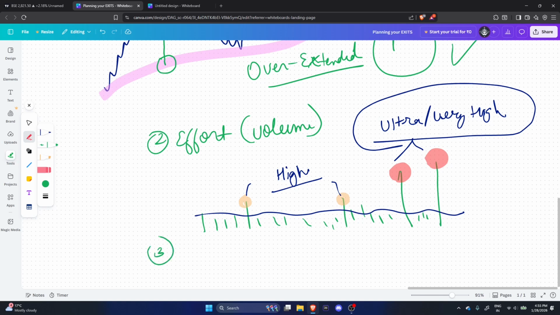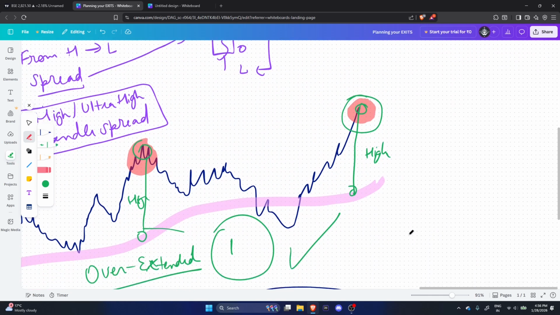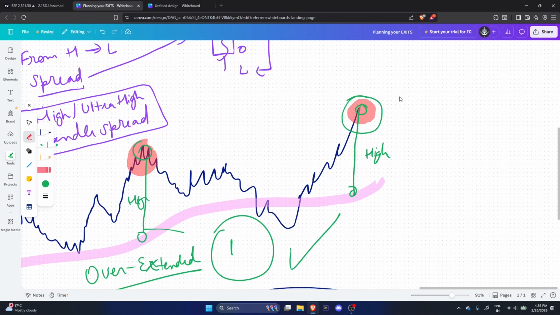Last, criteria number 3 was result, which is price, candle spread. So in this same region, we want a candle. Let's say we are long traders, we are swing traders, we have bought here and we are looking to exit the stock.